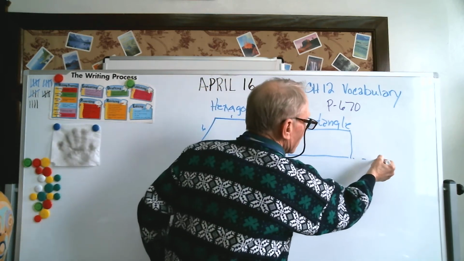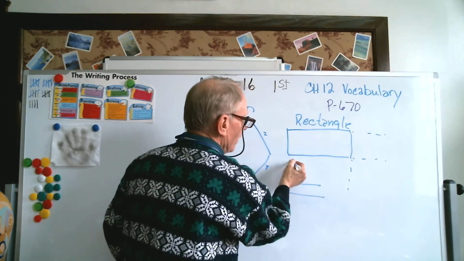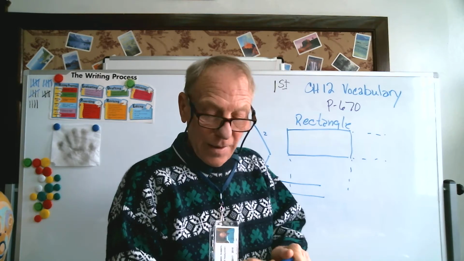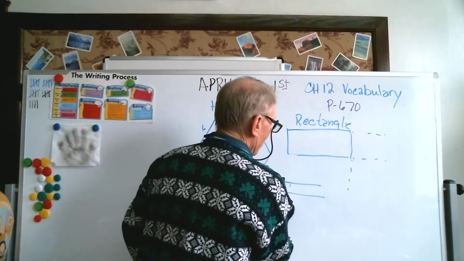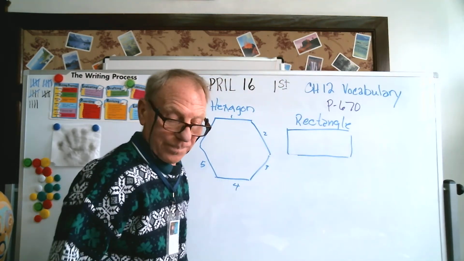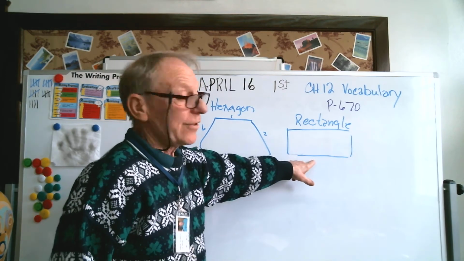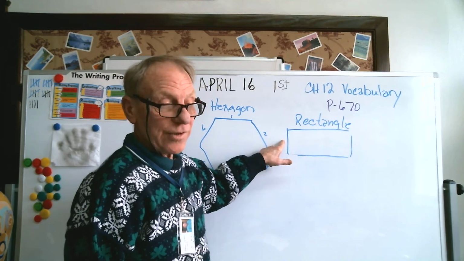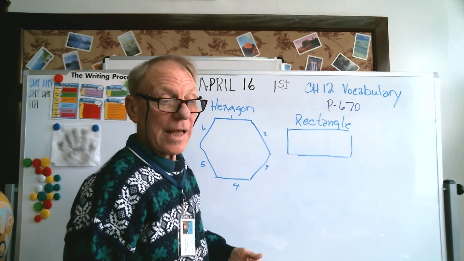These lines could continue on forever in either direction. They would never touch. They're parallel. And a rectangle, its sides are all parallel. They don't have to be the same dimension. This side has a greater length than this side. That's what distinguishes it as a rectangle.